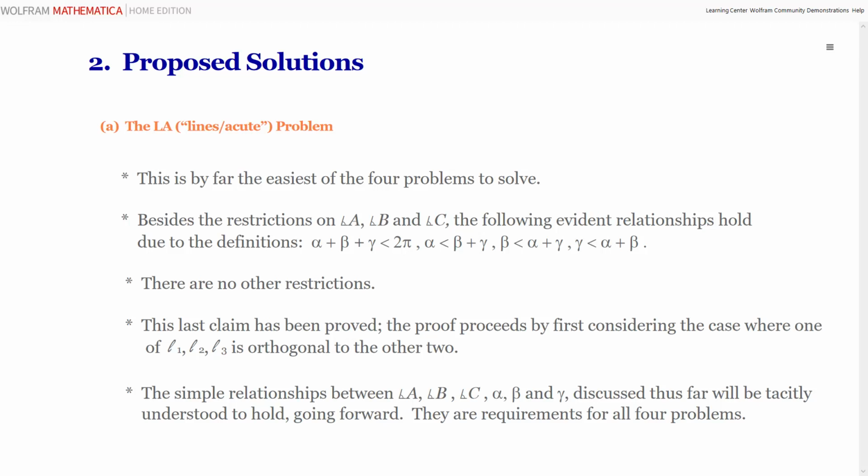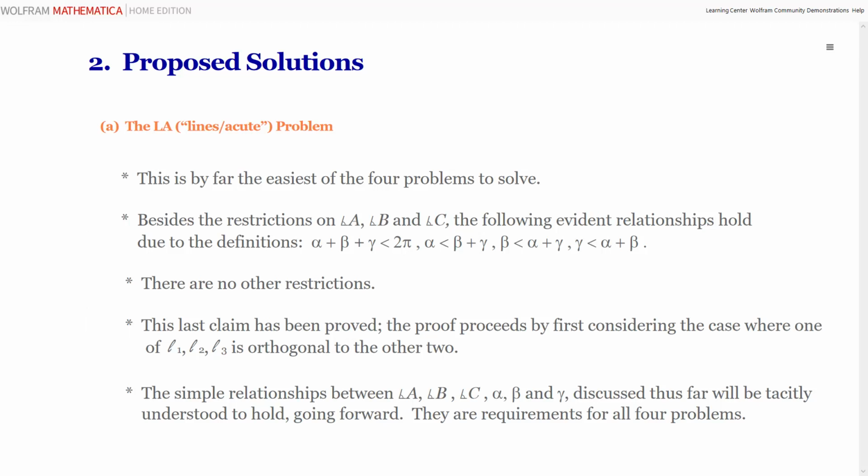These rather trivial conditions that I've mentioned already, I'm going to refer to as the evident or even trivial conditions going forward. I don't want to have to repeat myself and always be saying alpha plus beta plus gamma is less than 2 pi. So we're just going to tacitly assume that these evident conditions are always satisfied.